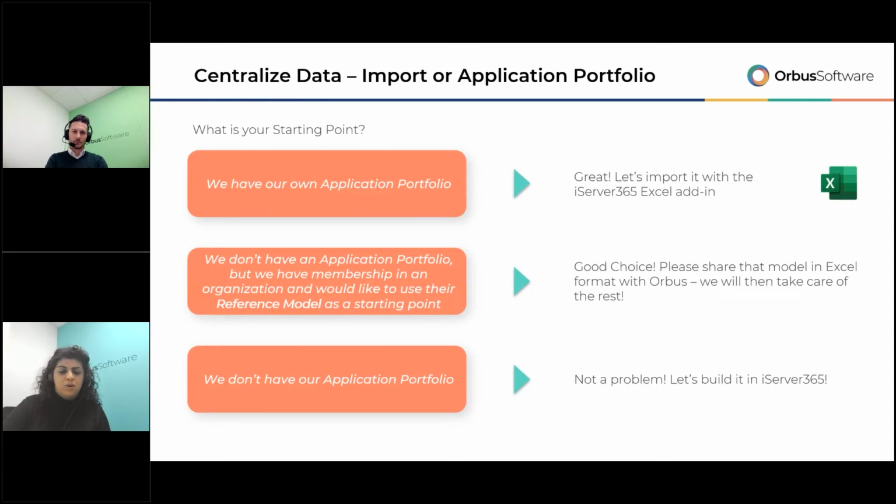Whatever the starting point might be, Orbus can help, and you can use iServer 365 to build out a true picture of your application portfolio. We'll talk through some of the ways in which you can develop and maintain that data as Miguel comes on to that section soon.